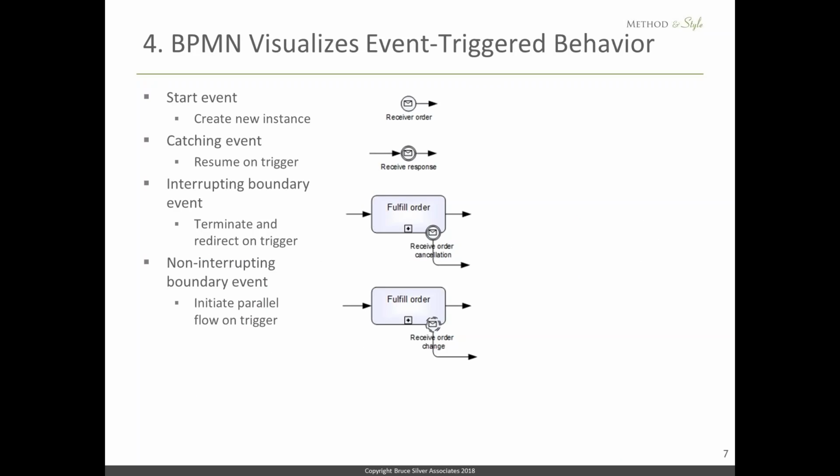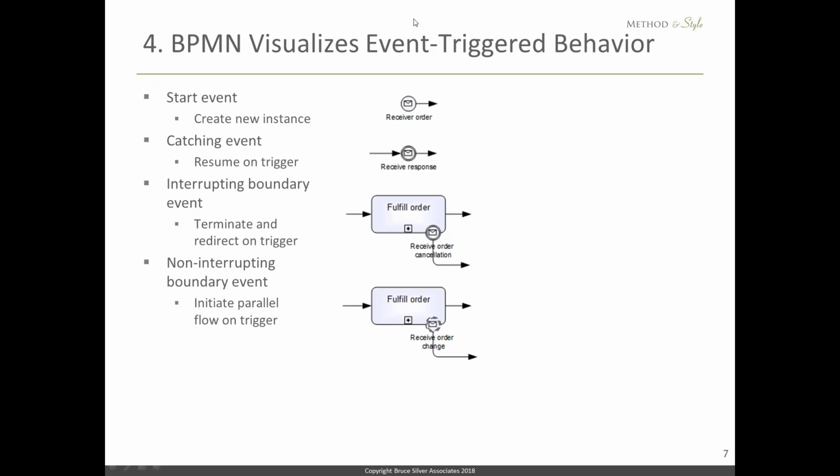The fourth difference from flowcharts is BPMN describes event-triggered behavior visually in the diagram. The event shape is the circle in BPMN. And an event means a signal that something happened.